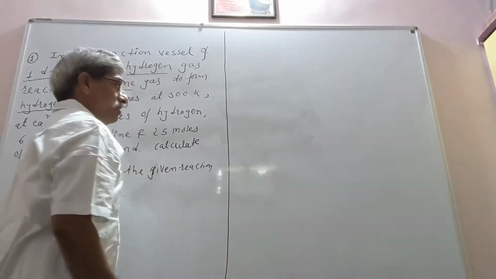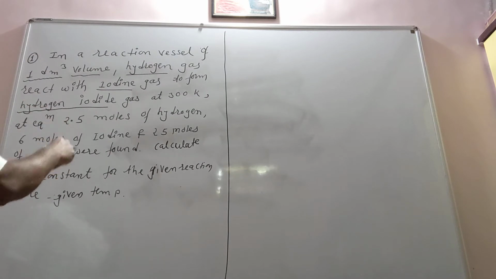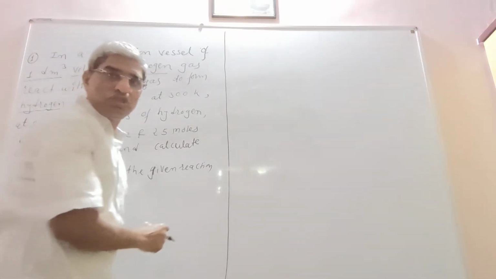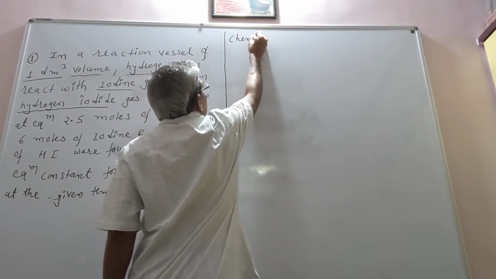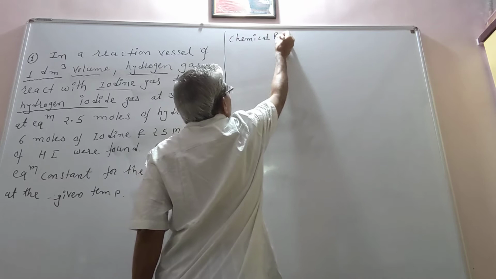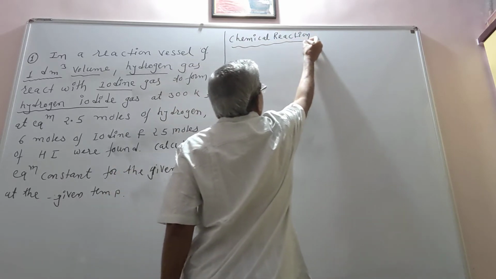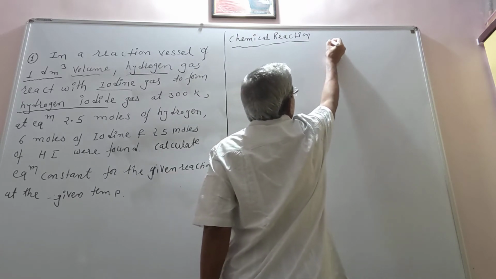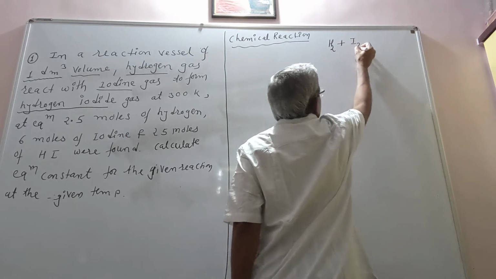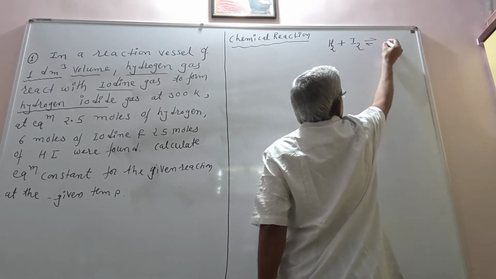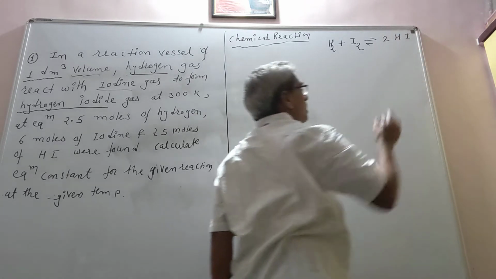First of all, we have to write the chemical reaction from the given information. The chemical reaction is H2 plus I2 gives 2 HI.